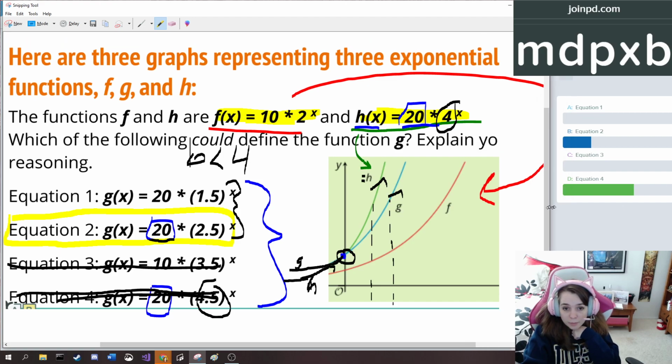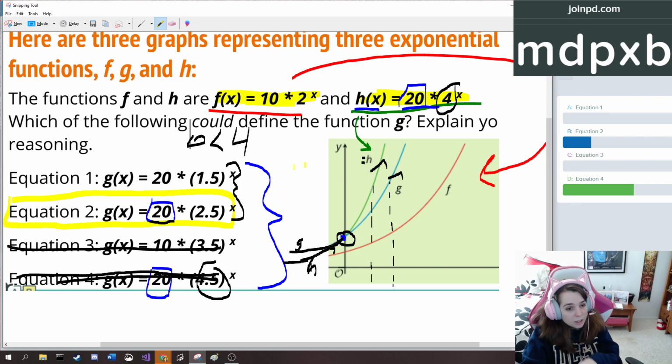1.5 is a little too slow because we see that g is growing at a pretty similar rate to f. F is growing at a rate of 2, but this one seems to be going a little bit faster because you can see the steepness here.